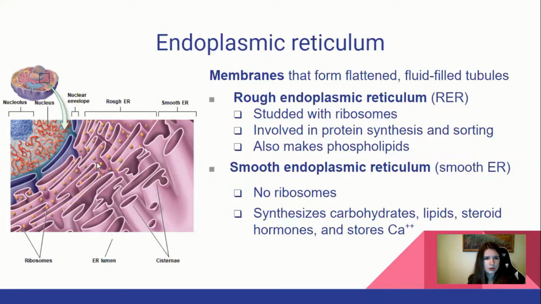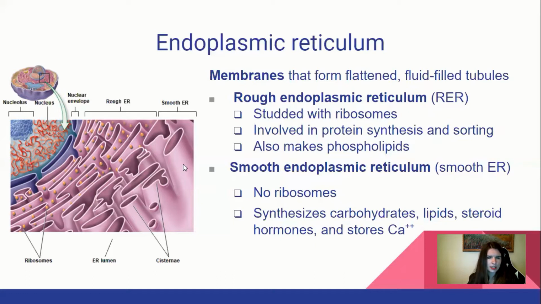So ribosomes, we're going to learn, are very important for making proteins. So our rough endoplasmic reticulum is studded with ribosomes. And then we have our smooth endoplasmic reticulum, which has no ribosomes. So these are the two parts of our endoplasmic reticulum.